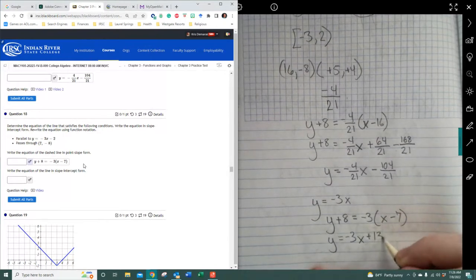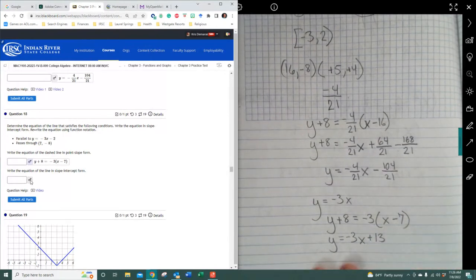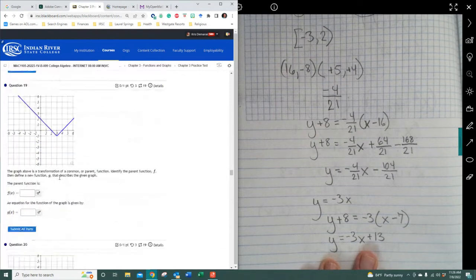So we're going to put positive 13, and there's the answer we're going to put for here. All right, so my answer that we gave here is in fact lining up to that one. That's good.